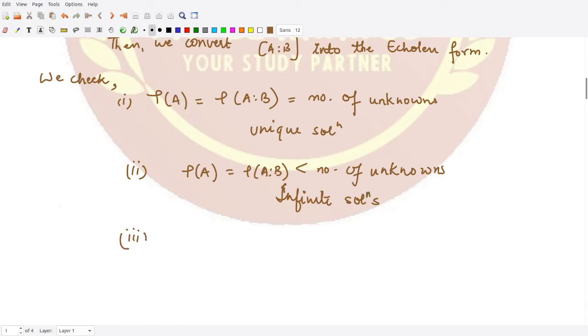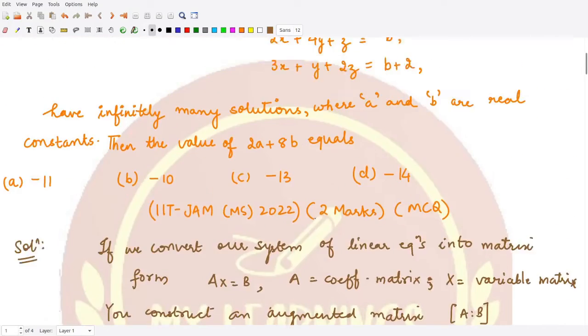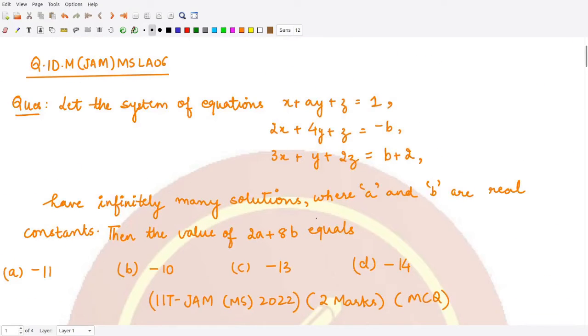In the third case, when the rank of A is not equal to the rank of A augmented B, the system of equations has no solution. Using this, in our case, how many unknowns are there? We have x, y and z, so 3 unknowns.